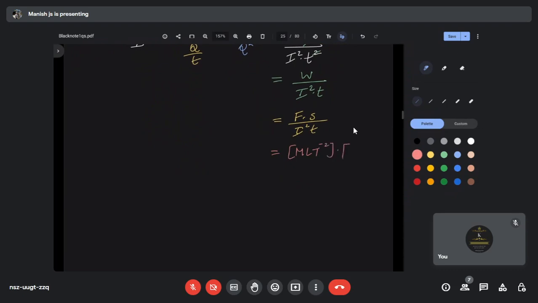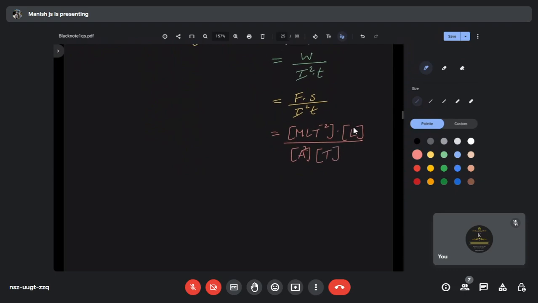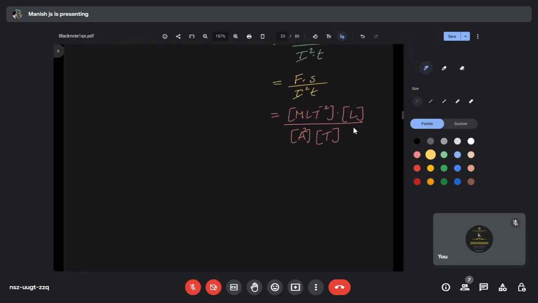Displacement contains only length, so it is only L, the whole divided by I square. I is the ampere, so ampere the whole square, and T is time, so you just put T. Now you are going to simplify all this. When you simplify, finally what do you get? All the like terms you need to club.